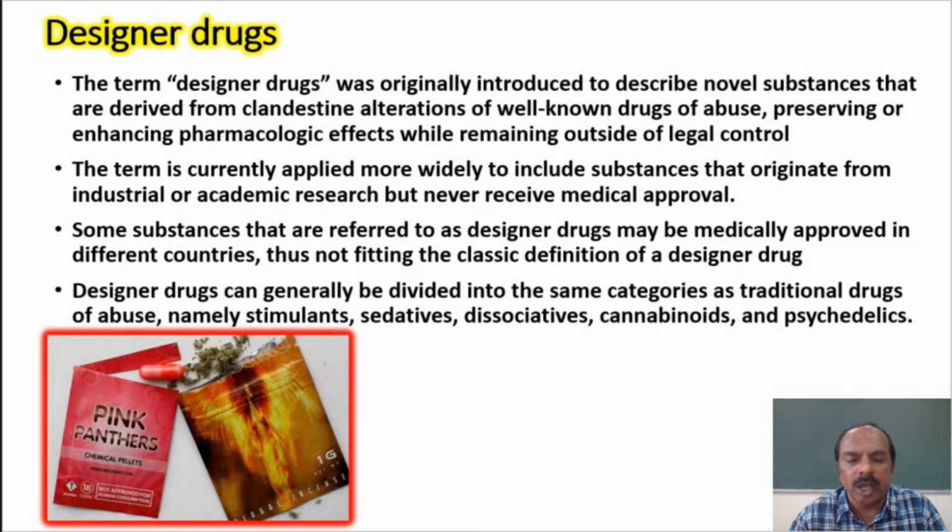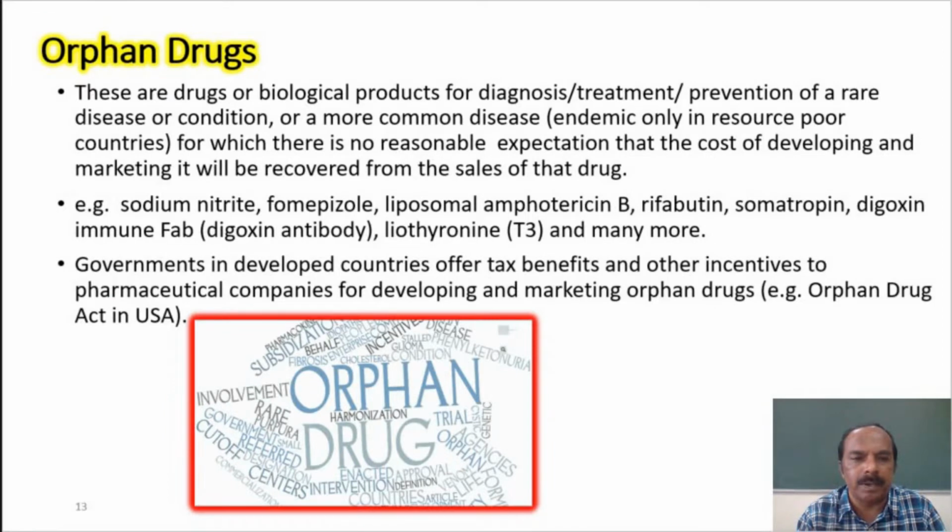And a very common designer drug that is available in the market is Ecstasy. We also have Zohydro, a designer drug. So these are the drugs which are manufactured synthetically by the scientists in the laboratories. They are not naturally available.